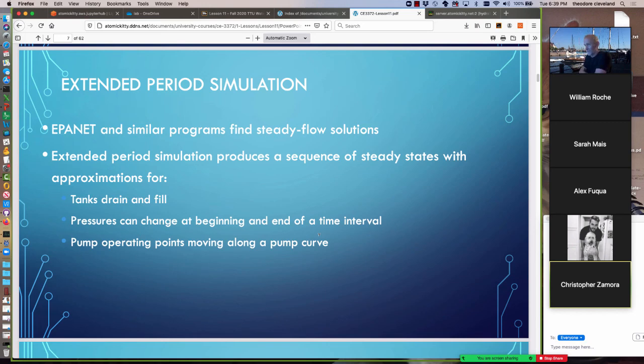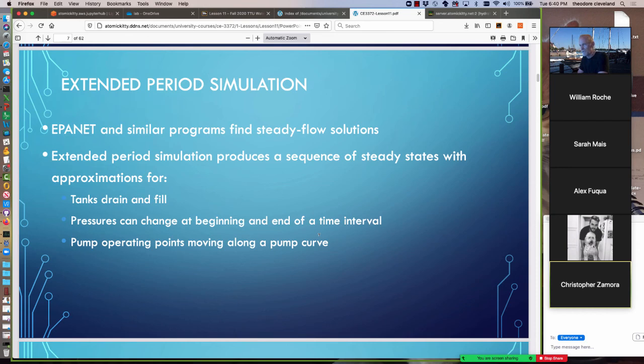EPANET and similar programs, KY Pipes being the main one I know of, and I forget what the European version is, it has a name, it's not SOBEC, that's a drainage program. Well, I can't remember right now. They all work quite similar to one another. EPANET in particular finds steady flow solutions. That's all it can do as far as network hydraulics is concerned.